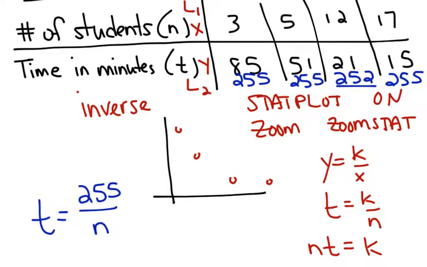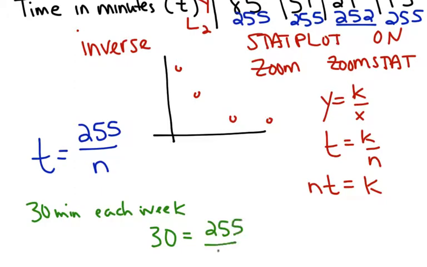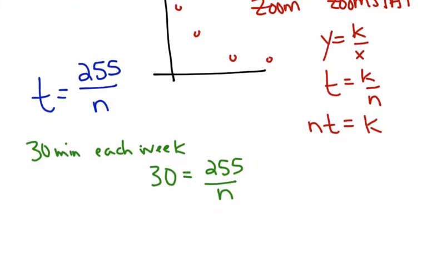What if I said instead that I want to find out how many students I need if I want to try to finish the job in 30 minutes each week? Well, if I know that t is 30 minutes, then I would solve this equation for n, because I need to know the number of students.